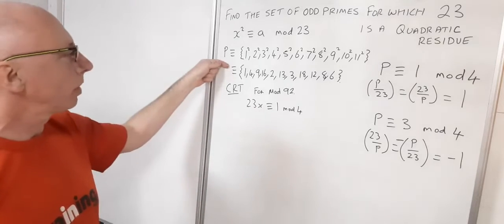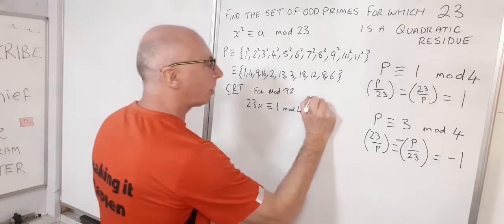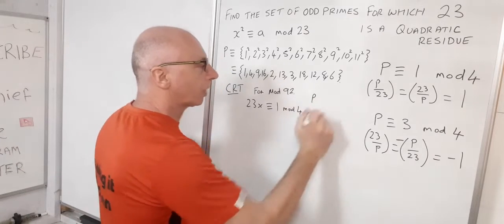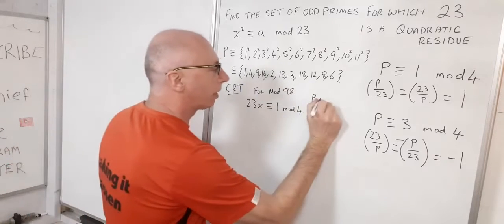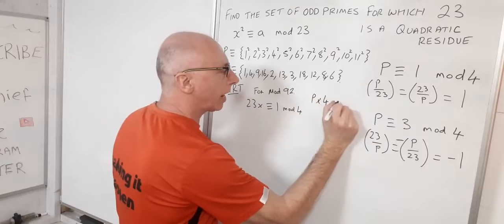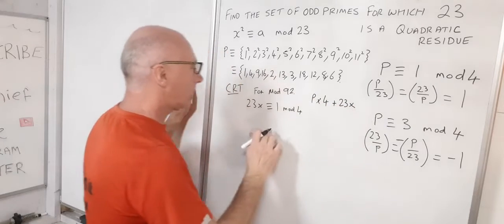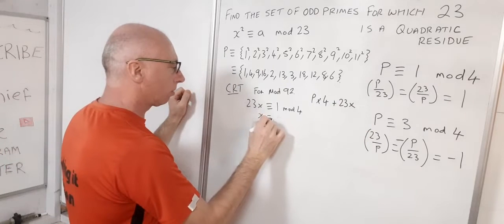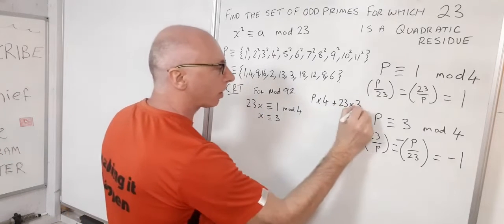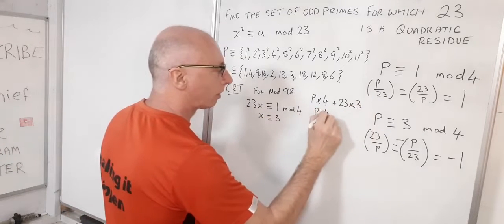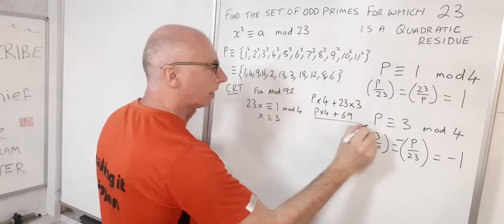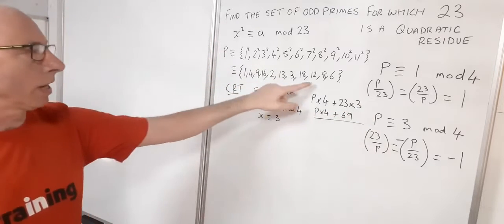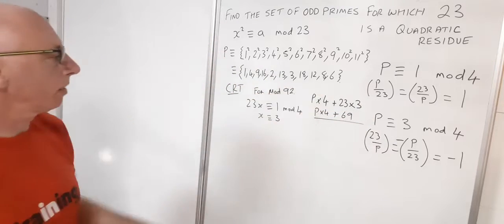So now, for all our prime numbers P, what we need to do is multiply by 4 and add 23 times our solution to this, which gives us x congruent with 3. So 23 times 3. So now we need P times 4 plus 69. That's our rule for using the Chinese remainder theorem.